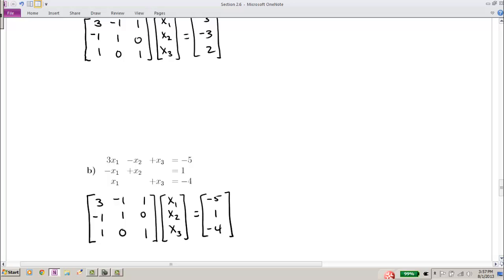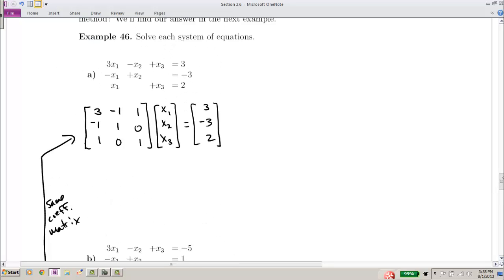So one thing we can notice right away is that these both have the same coefficient matrix. And in fact, it is the same as the coefficient matrix from the last example. So we do know the inverse of this matrix. And so I'm just going to jot that down before we proceed.